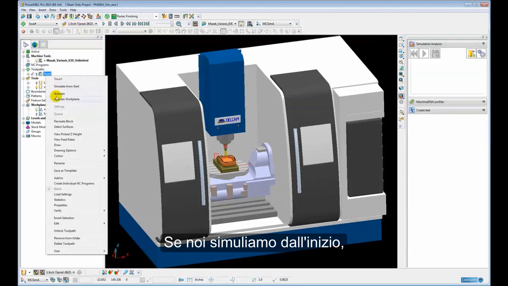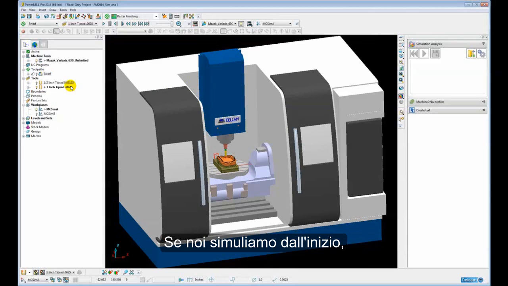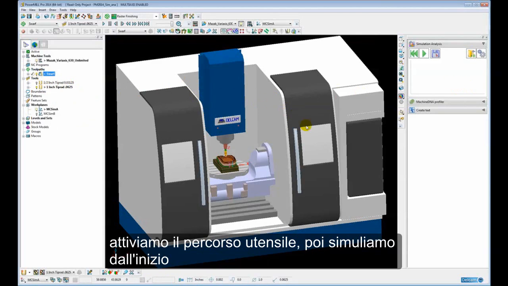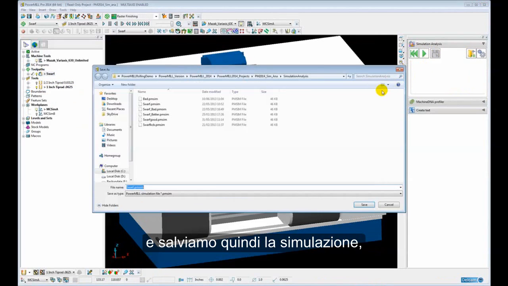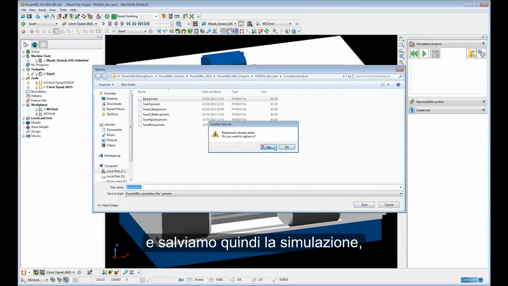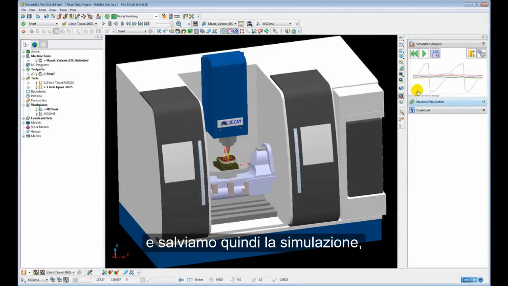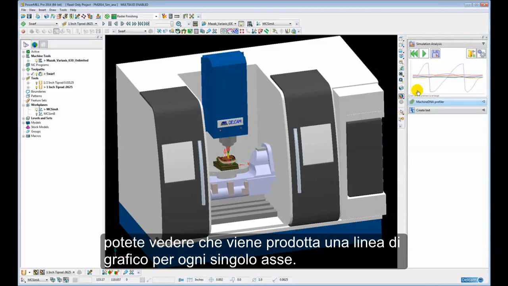So if we simulate from start, activate the toolpath and then simulate from start, and then save the simulation, you can see a line graph is produced for each individual axis.